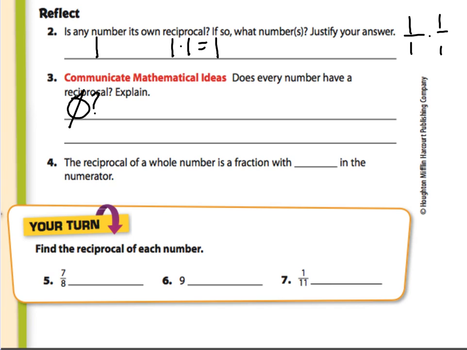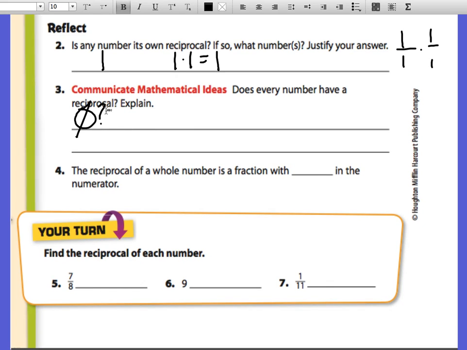And I can make this easier on you by typing instead of writing, because I know that takes me a little while and it doesn't always turn out the way I want it to. So 0 does not have a reciprocal because anything times 0 equals 0.